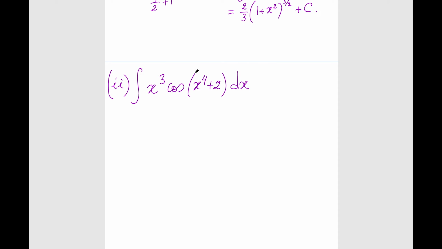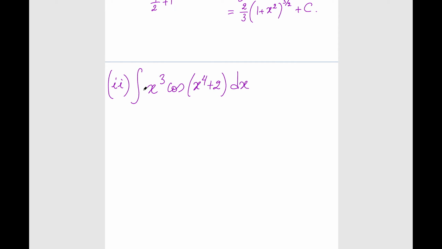Look, you see this guy? I'm going to think about this as U. If you take the differential of U, you get 4x cubed dx. And I have the x cubed here. I don't have the 4, I agree with you.